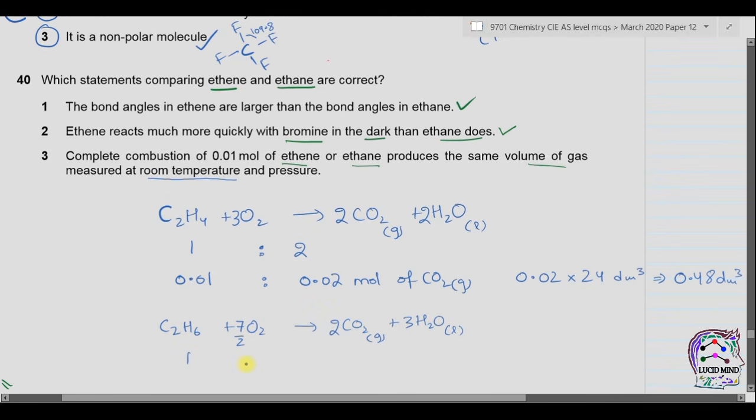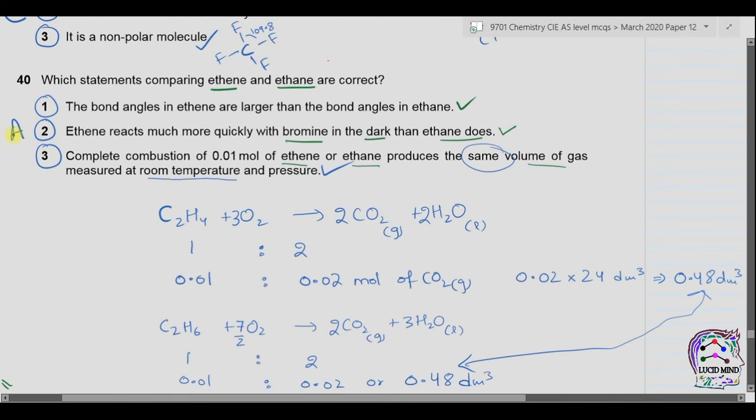Now we can see 1 mole of ethane produces 2 mole of carbon dioxide, so 0.01 mole of ethane will produce 0.02 mole of carbon dioxide, or when converted into volume it will form 0.48 decimeter cube, which is the same as compared to ethene. So third part is also correct. So we have 3 options, 1, 2, 3. So the answer is A.